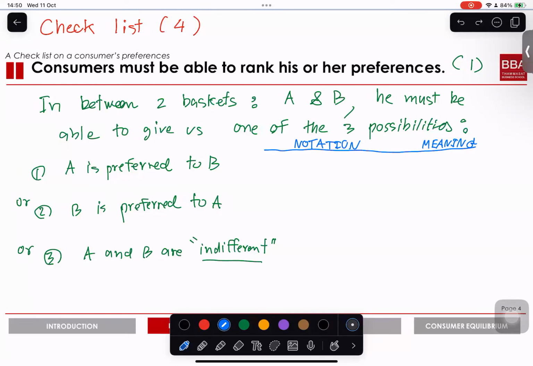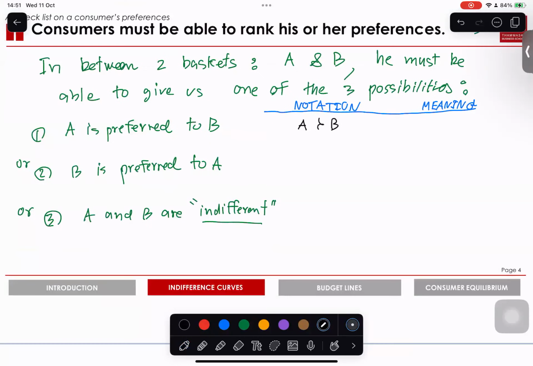A is preferred to B. If you don't want to write this long sentence, we have convenient tools. A is preferred to B. This symbol, how to read this: is preferred to. Let's agree on this. It's not a greater than sign with some curve. A is preferred to B. Second one would be B is preferred to A.